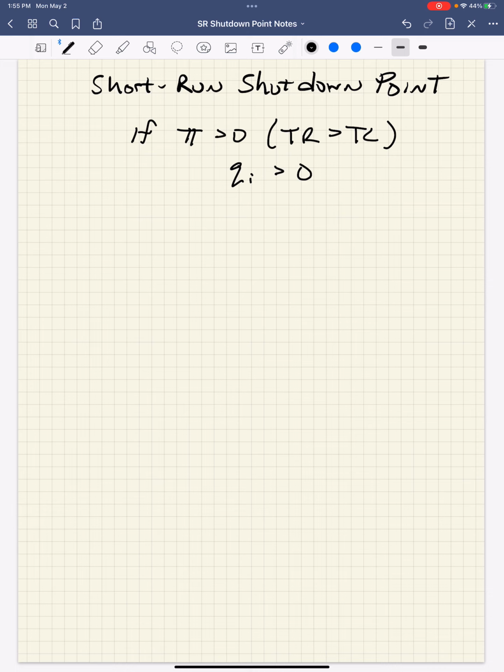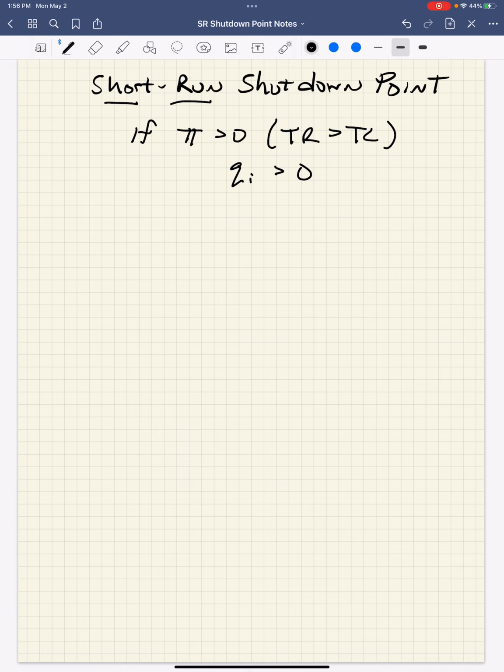But it turns out there are going to be certain circumstances when the answer isn't so obvious when profit is negative. And we're focusing here on the short run because it also turns out in the long run, this will be kind of an obvious choice.